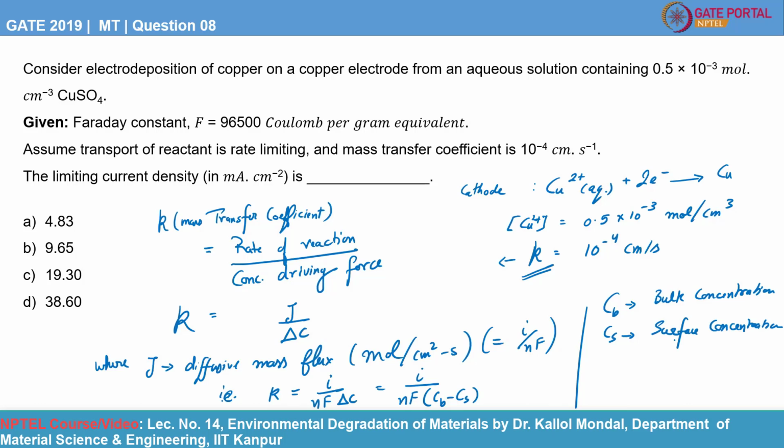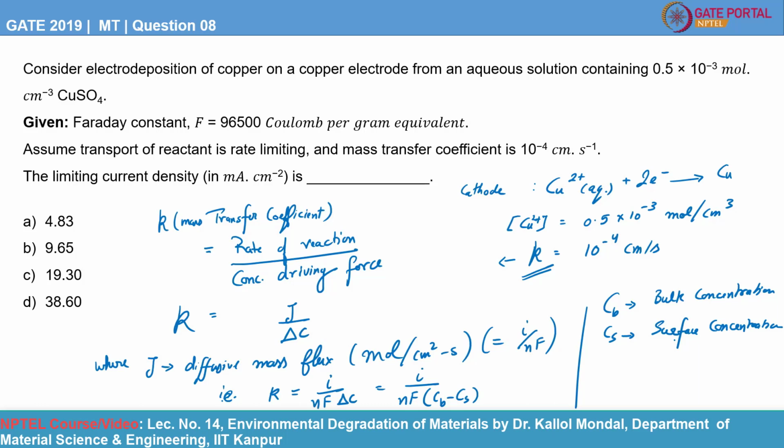Understand? Now by the very definition of limiting current density, we understand that the current density is known as limiting current density when maximum reaction rate is permitted by the mass transport phenomenon. So electrode reaction will reach its limiting rate when the concentration of reactant drops to 0 at the surface interface.